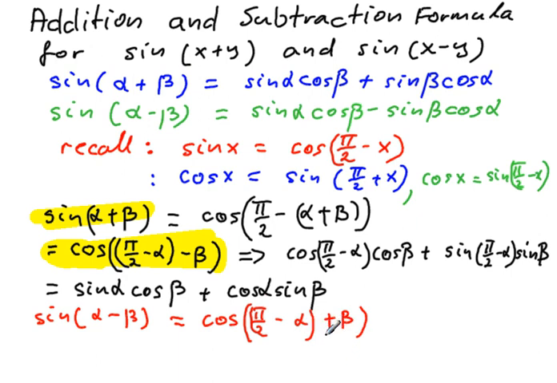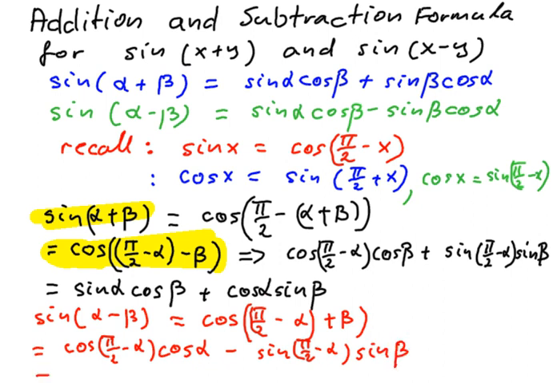So this is the sum formula for cosine, which is equivalent to cos pi over 2 minus alpha cos beta. Remember, this is the addition formula, so you end up with minus sine pi over 2 minus alpha sine beta.